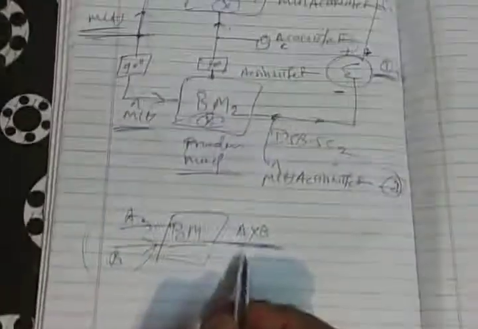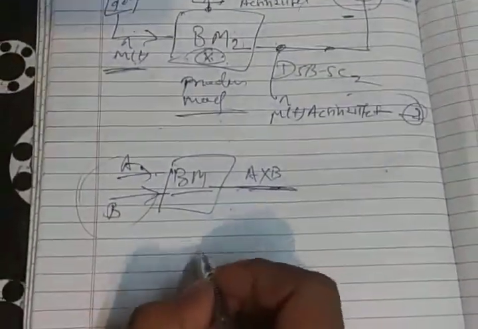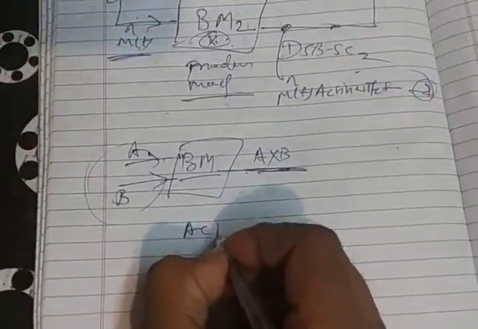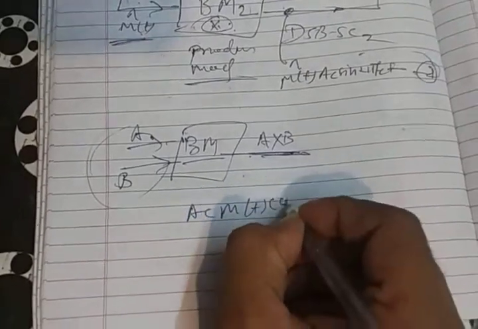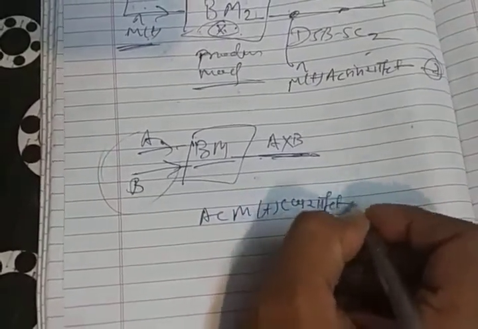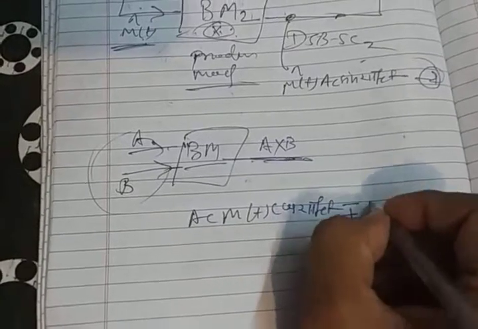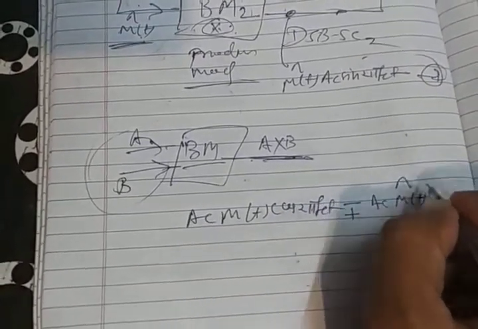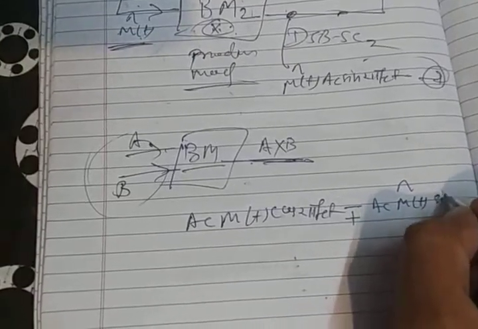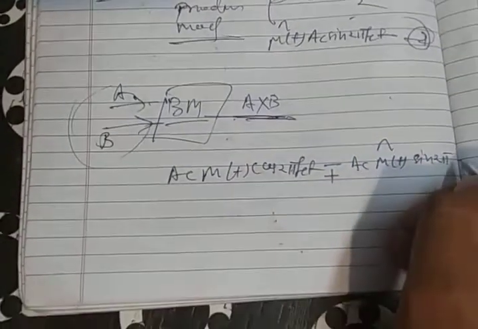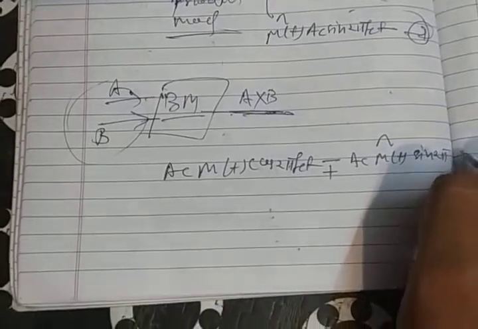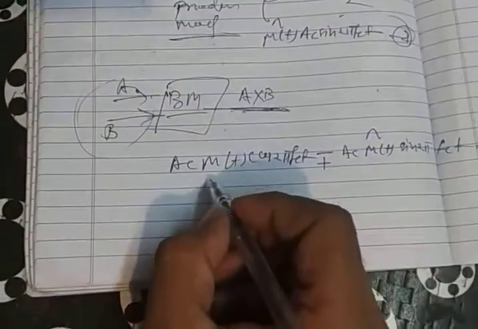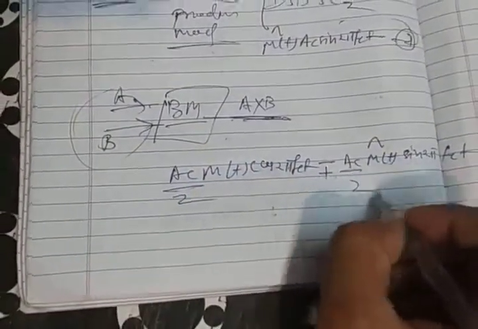The output looks like Ac m of t cos 2 pi fct plus or minus Ac m hat of t sin 2 pi fct, divided by 2.